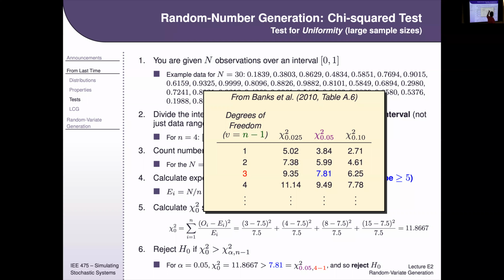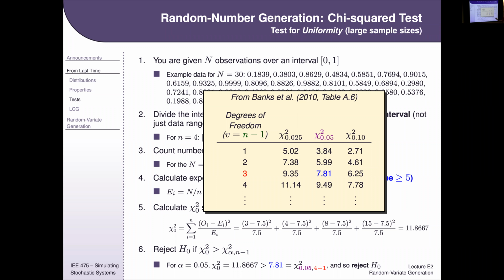If we go to the table, and I will give you this table if I give you this type of problem on a midterm, the degrees of freedom you look up in the table is the number of intervals minus 1. We'll go into the reasons why after the midterm when we generalize this test. I had 4 intervals, so I choose the degrees of freedom of 3, slide on over, and I had an alpha of 0.05, a type 1 error rate of 0.05, and so I get a critical value of 7.81.